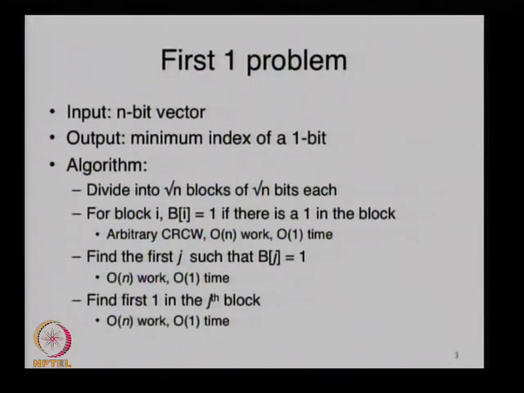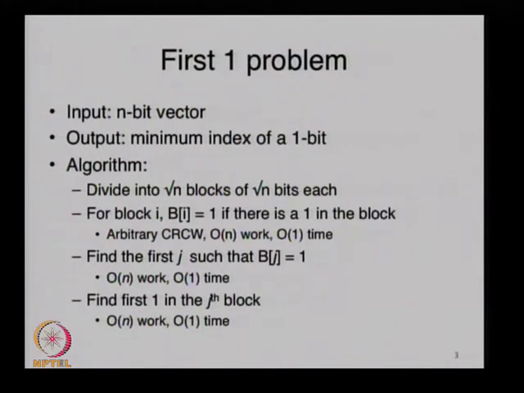If I told you you can have n squared work, one unit at every 1 or 0 at every vector position, and I want to know which is the first one.